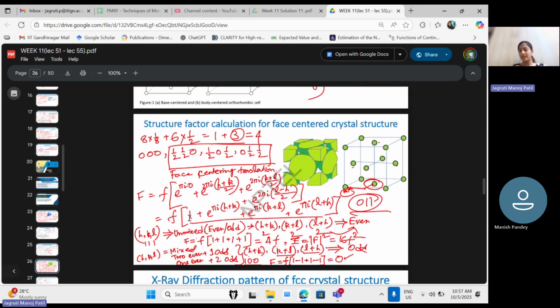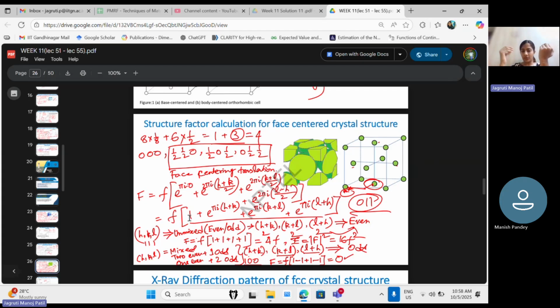Then you have a face centered. So face centered will of course have the top 4, the bottom 4. You have the two body centered ones, and then you have the 4. So you have 2 in these faces, let's say the front faces, whereas 2 in these faces. So you have a total of 4 in these particular faces, and then later you had 4, 4, 8, and then you had this 2. So 10, and then you have this 4.